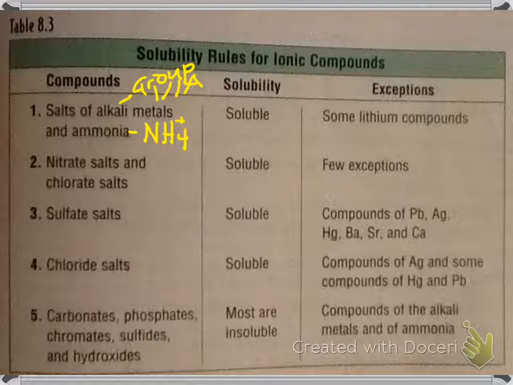So what that means is that compounds that have alkali metals in them, and compounds that have ammonium ion in them are soluble. That means that you're going to put AQ for their state of matter.